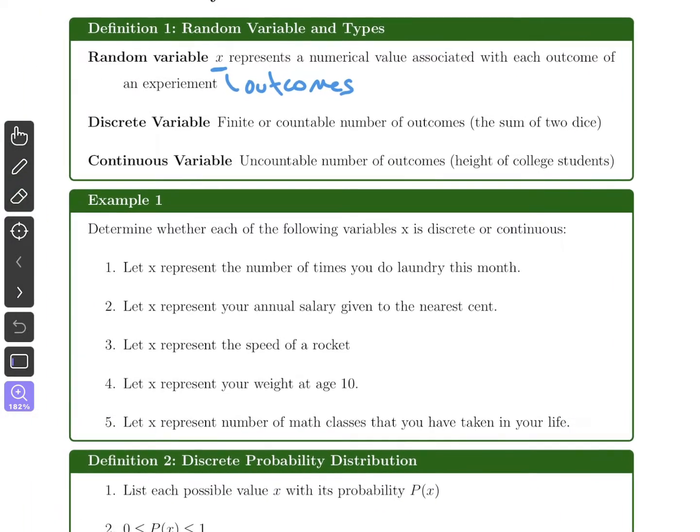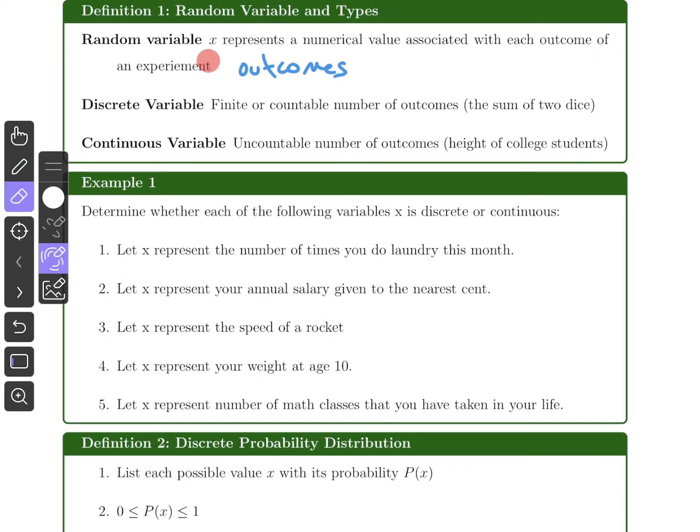Now there are actually 2 types of variables. We have what we call a discrete variable or a continuous variable. The definitions are a little harder to follow because some of these terms you haven't heard before. But a discrete variable has a finite or countable number of outcomes. So I have an example here of the sum of 2 dice.